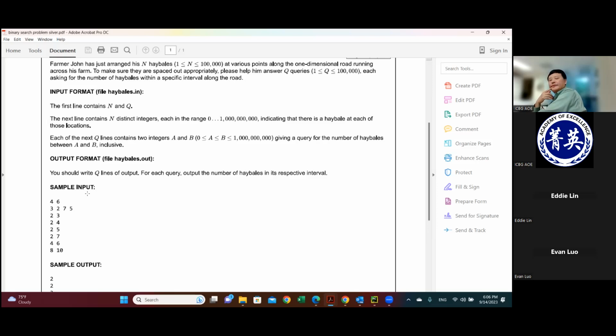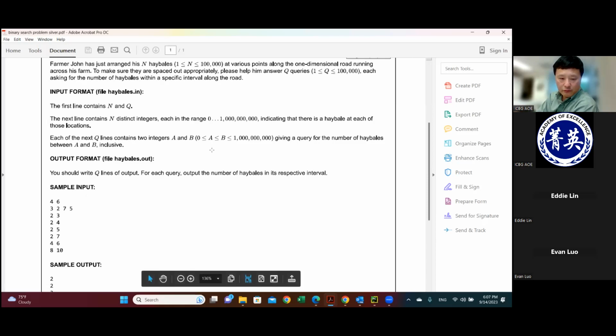Just 5 minutes. Think about that. If you understand this problem, and if you have a solution, you see here, this is the hint.